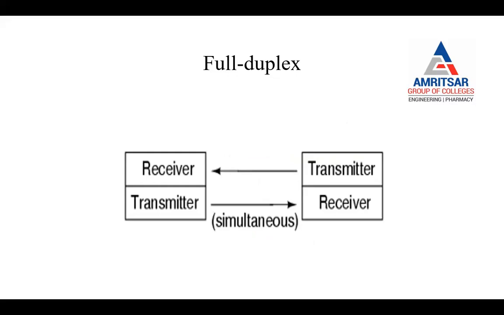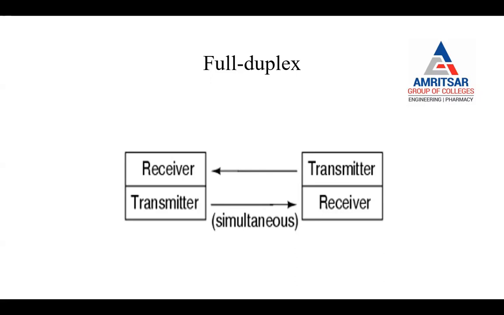This sharing can occur in two ways. Either the link must contain two physically separate transmission paths, one for sending and the other for receiving, or the capacity of the channel is divided between signals traveling in both directions.